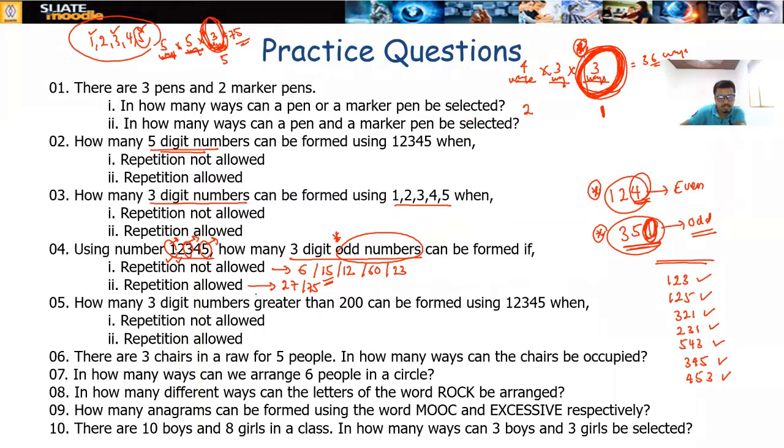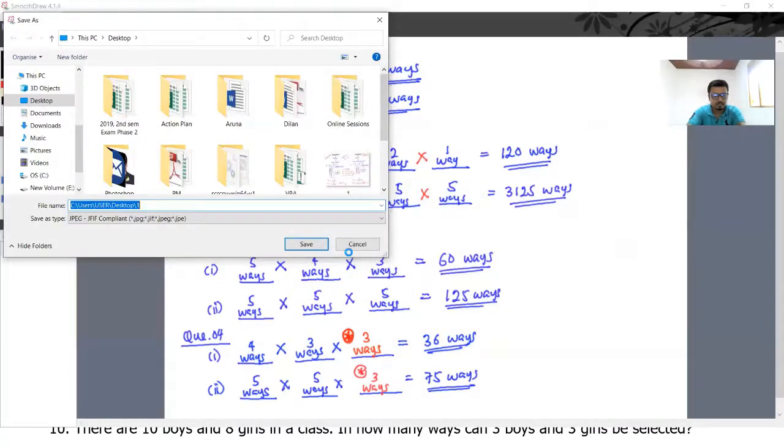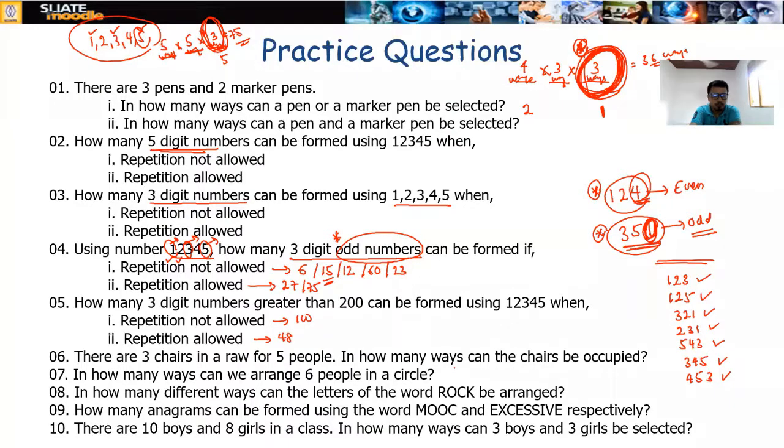Okay, part 1, 48. What about others? We need to form 3-digit numbers greater than 200, which can be formed using the digits 1, 2, 3, 4 and 5, when repetition is not allowed and when repetition is allowed.